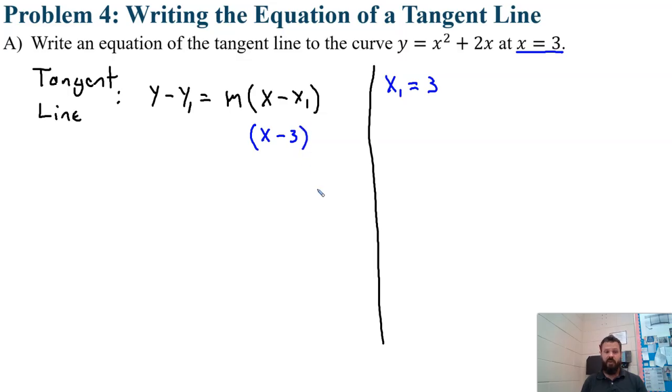So we can fill in that right away. y1, that's going to be the y-coordinate when x is 3. So I can plug that x equals 3 into my equation. So it'll be 3 squared plus 2 times 3. 9 plus 6 will give me a 15.